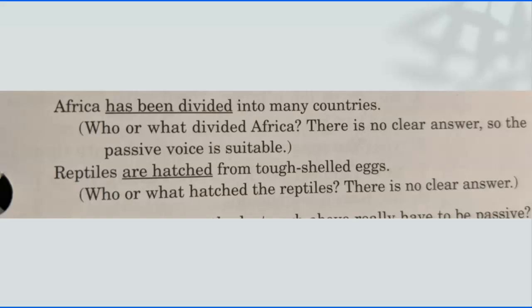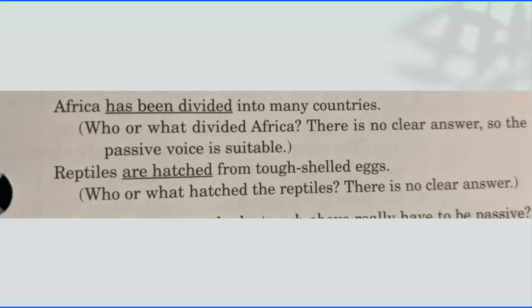So here, the first sentence, Africa has been divided into many countries. Well, there's no clear answer as to who divided, and so there's not that sort of action that we need to clarify. Passive voice is suitable on this.